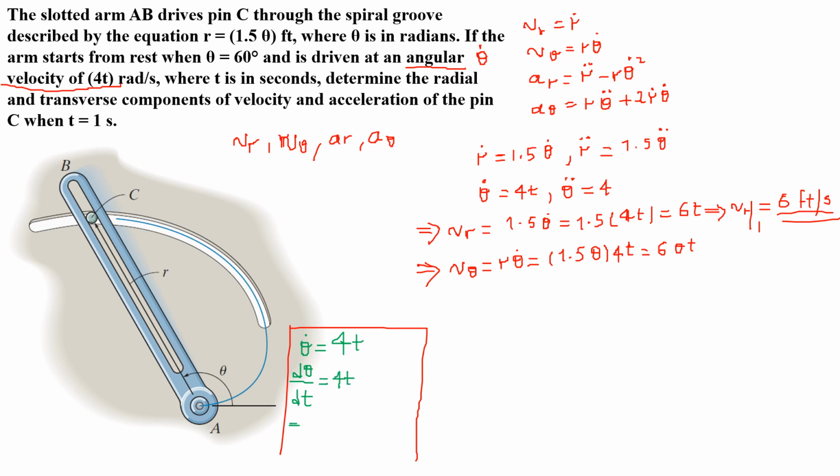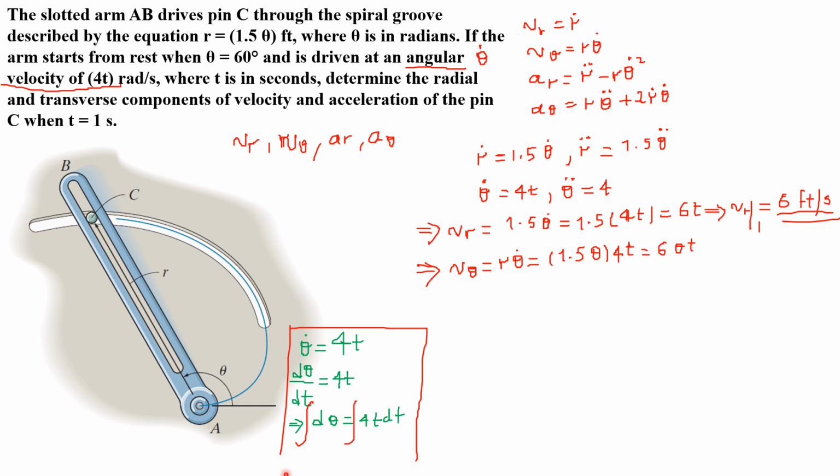We can separate the variables and integrate both sides, so d theta equals 4t dt.